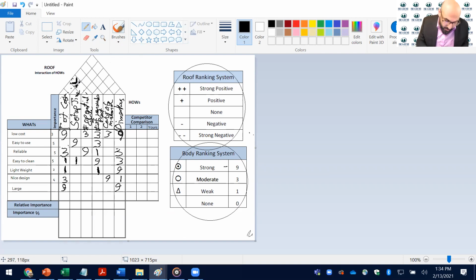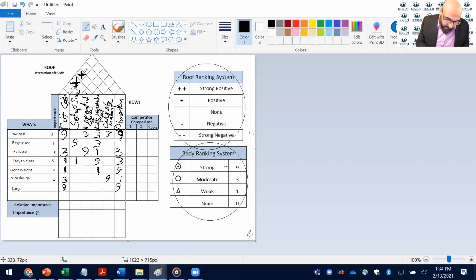Now, total cost and number of removable parts, there could be some relationship. I'm going to put it as a positive, so we're going to put a positive on that intersection. That's a positive here.